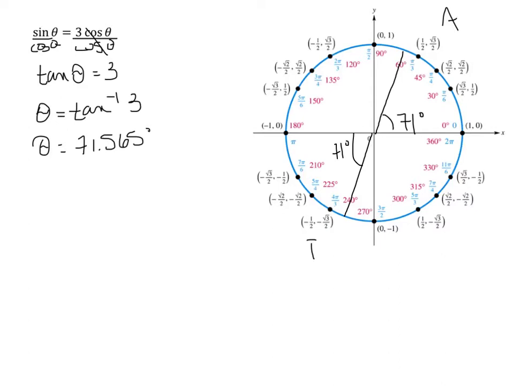So in order to find the whole angle, I just have to take the angle that I've been given and add 180 to it, which means that theta can also be equal to 251.565 degrees.